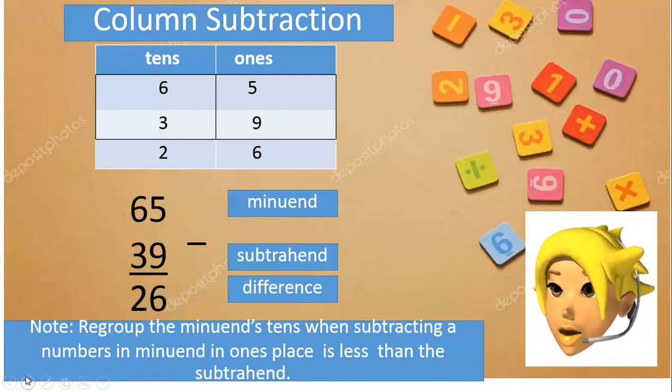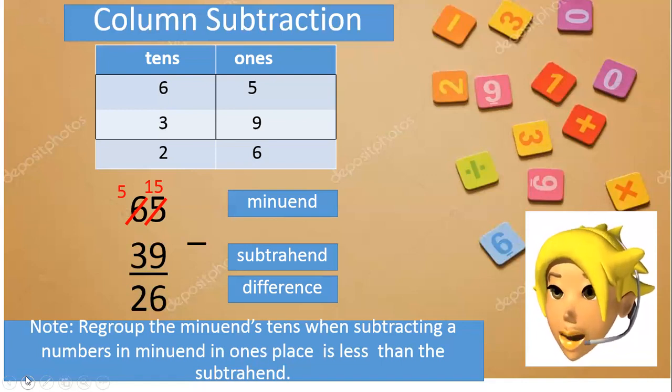Our minuend tens is 6 tens. Let us regroup into 10 ones and 5 tens. Our 10 ones will be added to our digit in the ones place, which is 5. It gives us 15 ones.